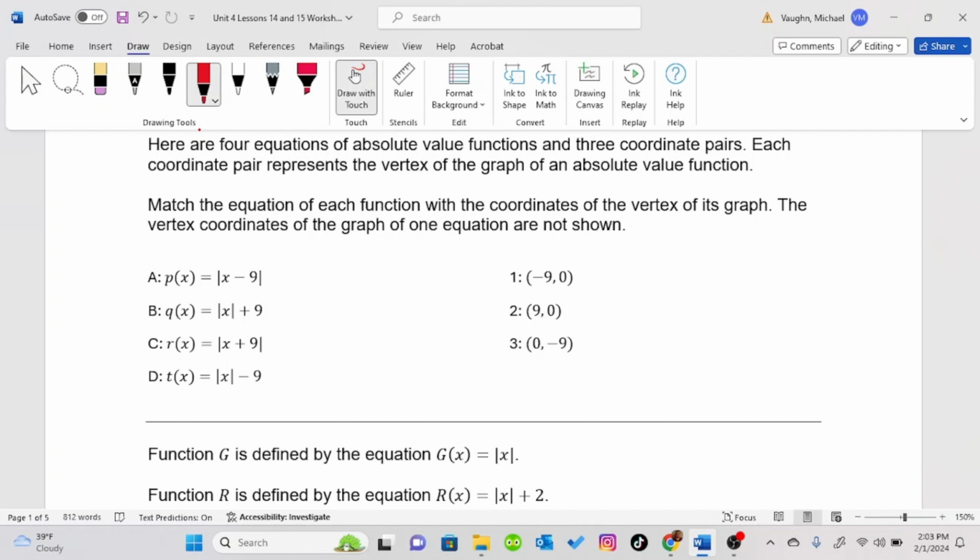Move on to C. -9 plus 9 would be 0, and the absolute value of 0 would be 0. So this one, the absolute value of -9 plus 9 equals the absolute value of 0, which equals 0, and matches choice 1.